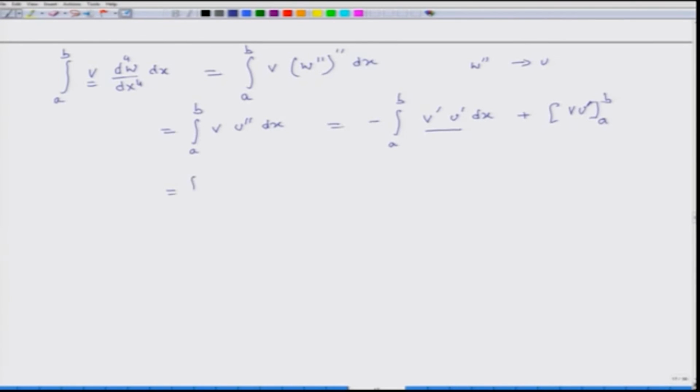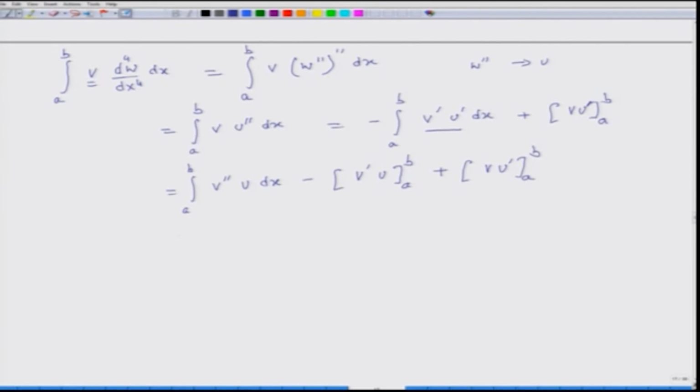So now what I do is, A to B, I integrate it by parts one more time, okay. So I get minus, again I get another minus, so it goes away. So I get V double prime U dx minus V prime U A to B plus V U prime A to B, okay.